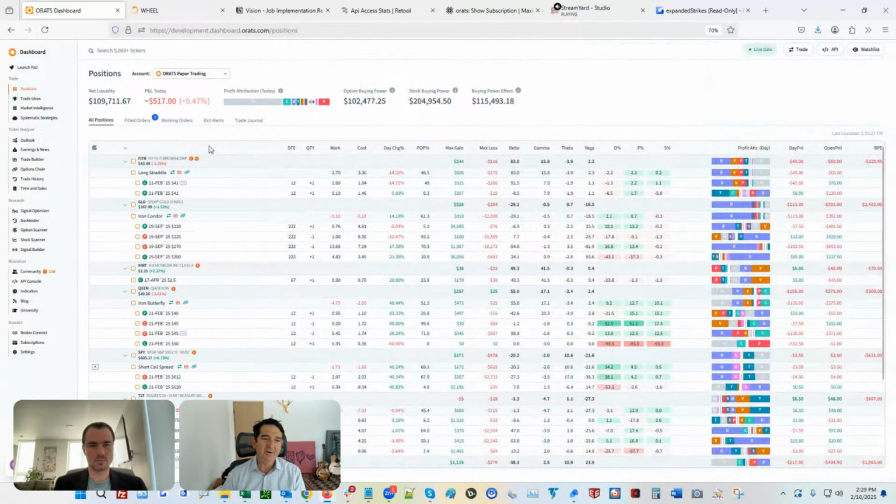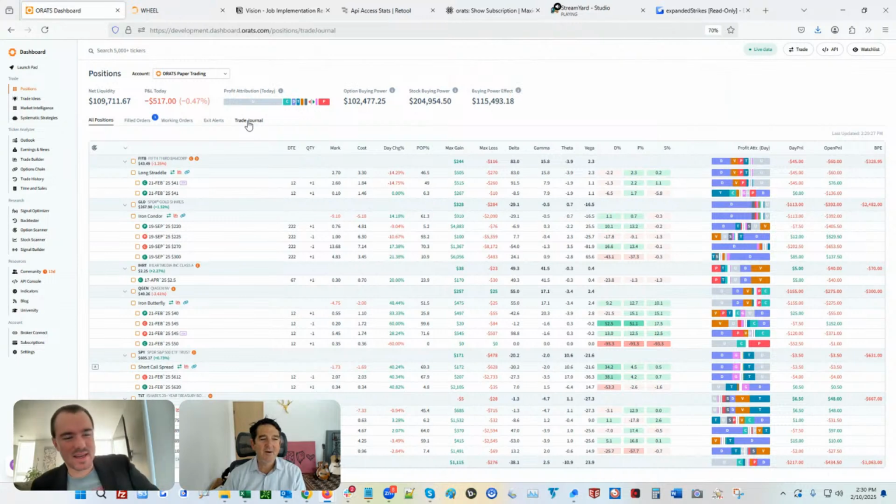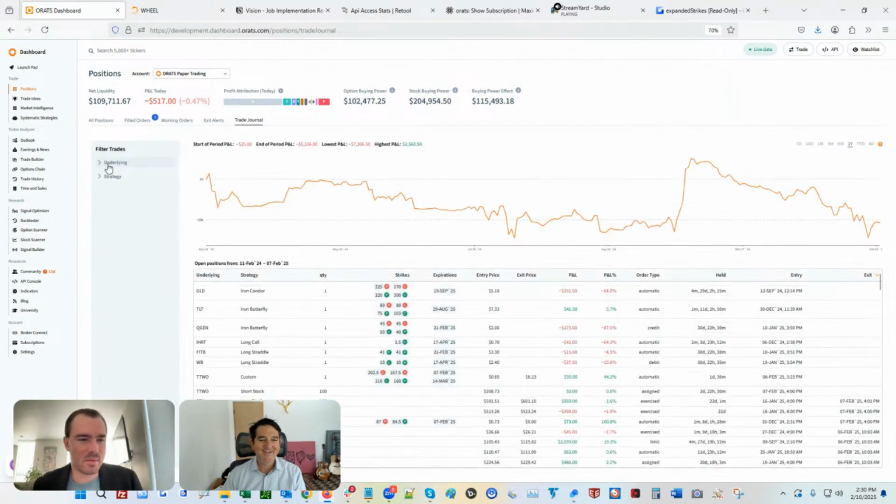And I'll also mention, should we tease this? Yeah, we've been teasing it out. I think the last show we teased it a little bit, but it's gotten better. We're releasing it to beta testers in the next week or two, Matt? Yeah. So the trading journal is coming out, and you can see here are all my paper trades, and how it's done, and you can look at it by underlying.